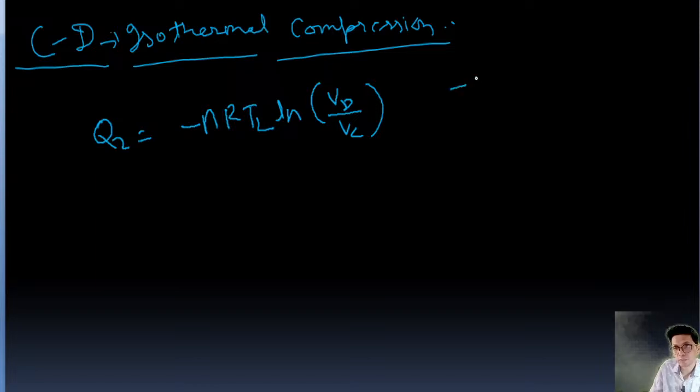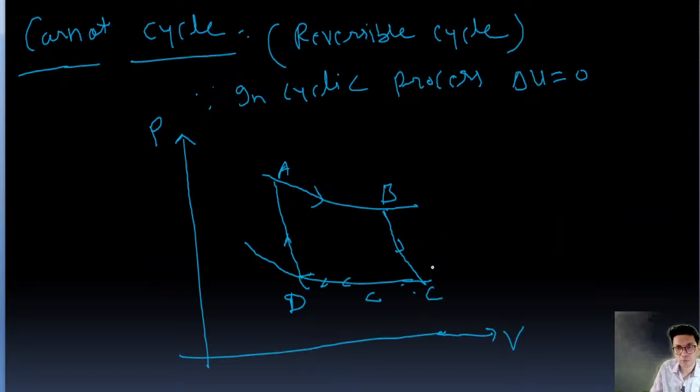This is equation number 3, Q2, right? Minus we have taken because here the volume is decreasing. It is the case of isothermal compression.